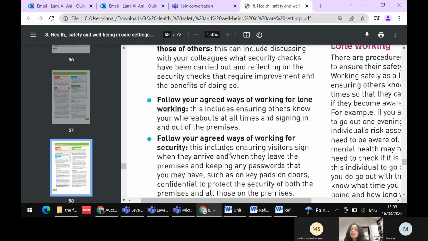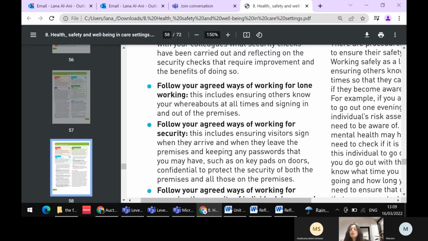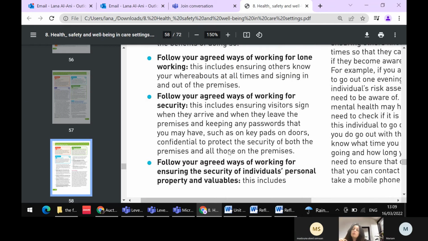So if someone is getting in, I need to make sure I ask them to sign in. What's the time? What's their name? If they get out, I need them to sign out again: time, name, date. I need also to follow the procedure for security in my workplace, which is that visitors need to be identified.